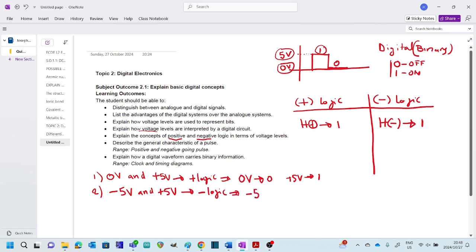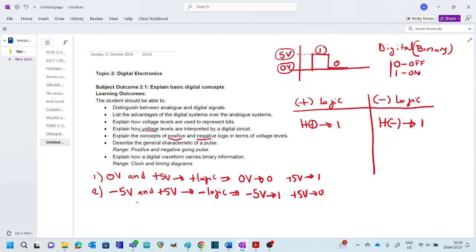Minus 5 volt represents what? Remember, this is a negative logic concept we are working on. So minus 5 volt is going to represent a 1, and plus 5 volt is going to represent a 0. Why? Because we are operating in the negative logic concept, where we are more dealing with the highest negative number.